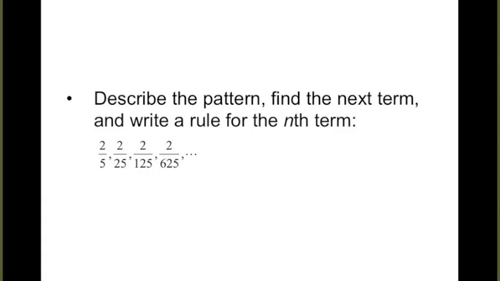All right, so what is happening here? What about the tops? They're all 2. And the bottoms are doing what? Multiplying by 5. So from our list in an earlier problem, the next multiple is 3125. So this problem has repeated multiplication.